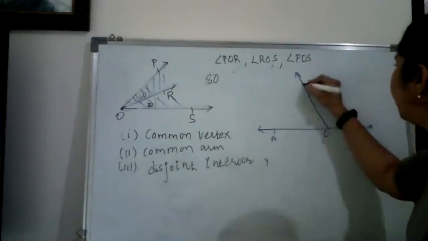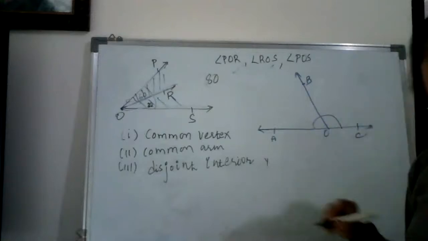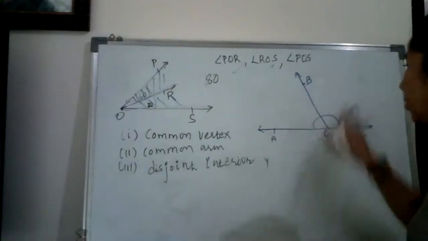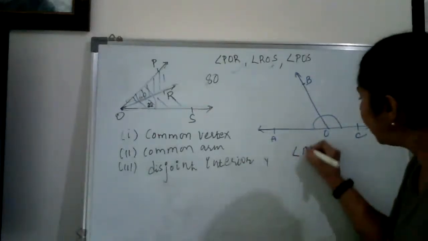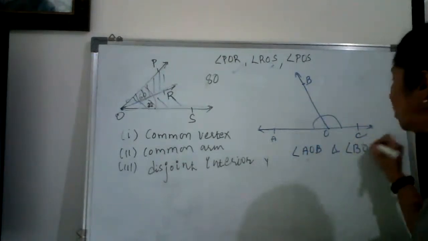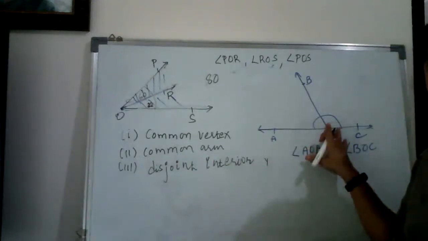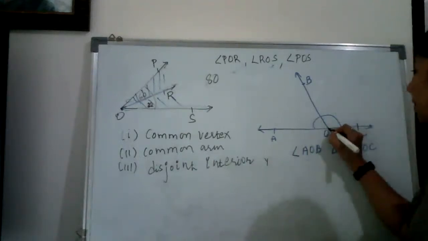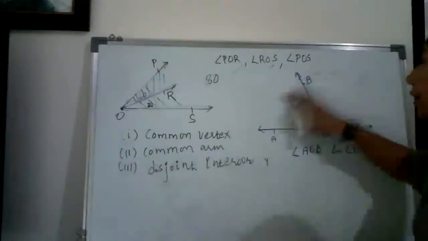For example, you can see here the sum is 180 degrees. That means there are two angles. Could you see here angle AOB and angle BOC? These two angles, the pair AOB and BOC, you could see this pair is making 180 degrees. That total will come as 180 degrees. Also, they are adjacent angles with a common vertex, a common arm, and the joint interior.